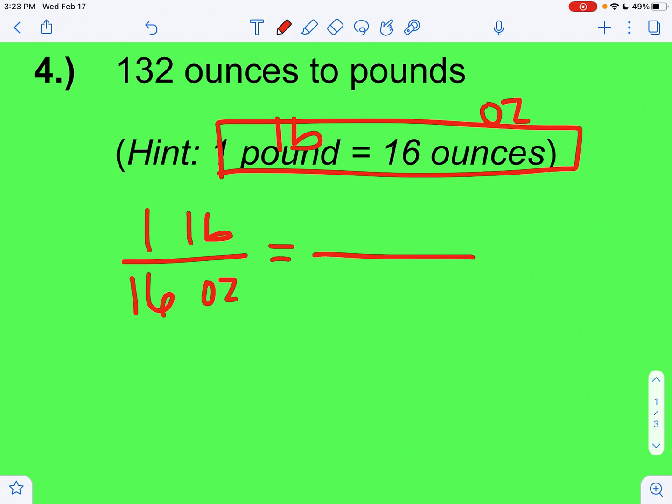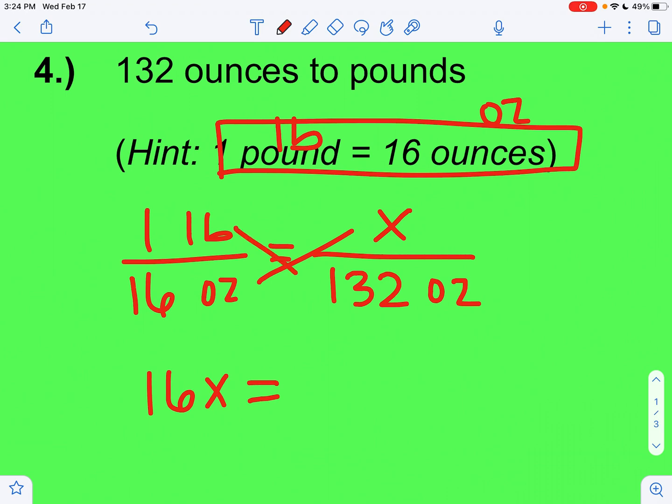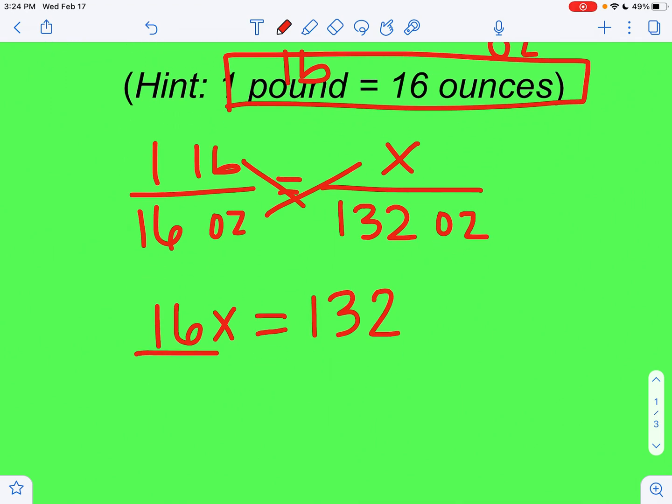They're telling us we want to find 132 ounces, so that goes on our bottom. And X is our pounds, which we don't know. We cross multiply. 16 times X is equal to 1 times 132, which is just 132. Then we need to divide by 16 on both sides. The 16s cancel out. We're left with just X on the left-hand side.